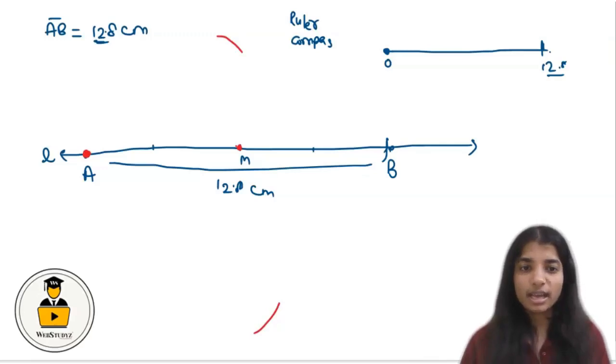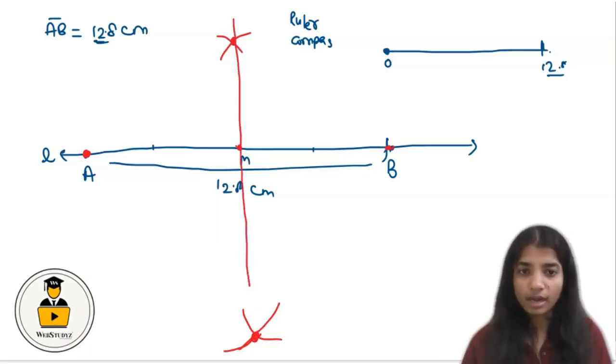Using that open compass, we place the compass at the point B and make the arcs at the upper and lower side. Now we join the points where both the arcs meet, the upper and the lower.